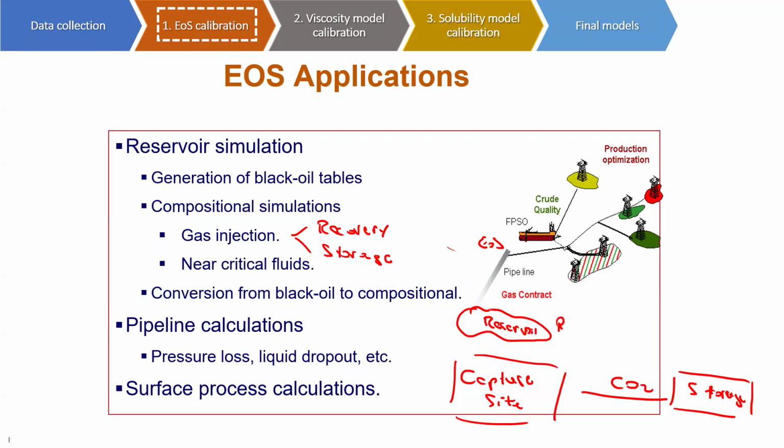You have Peng-Robinson for the reservoir, and you have Peng-Robinson calibrated for the surface process calculation. The fluid is the same, flowing through the reservoir to the surface. But the composition is changed. The conditions of pressure and temperature are pretty different.